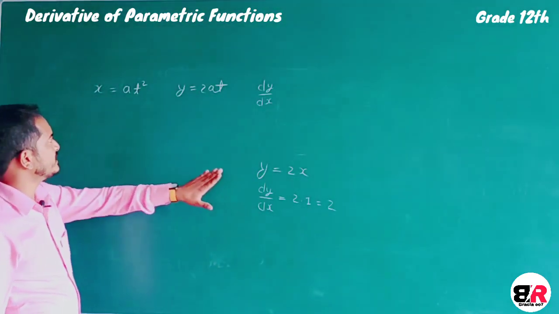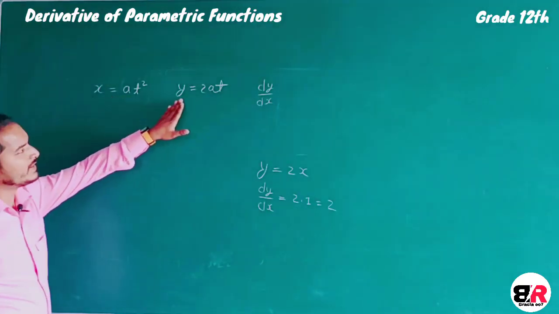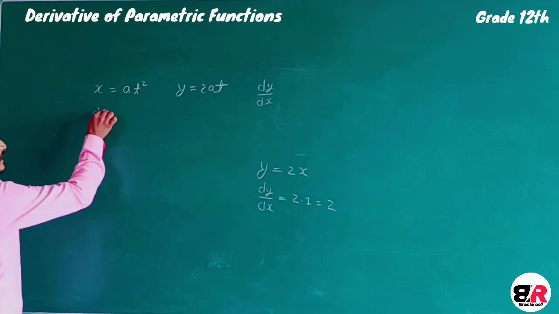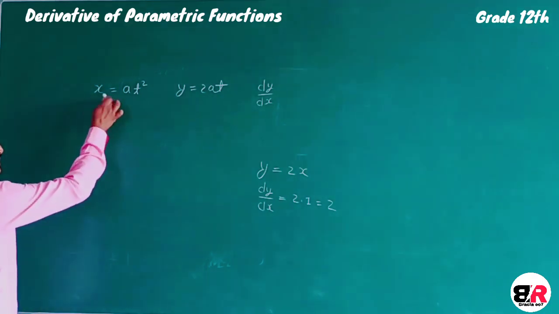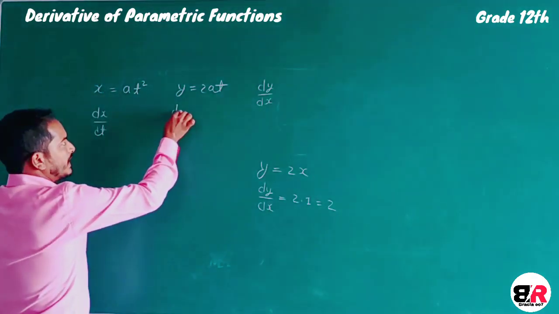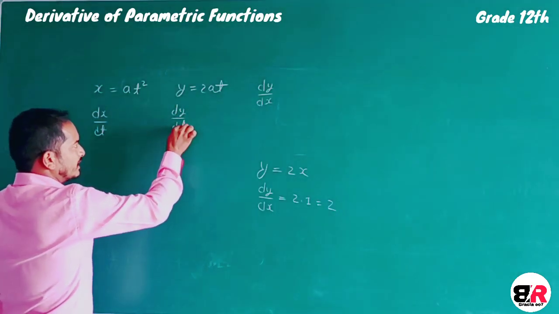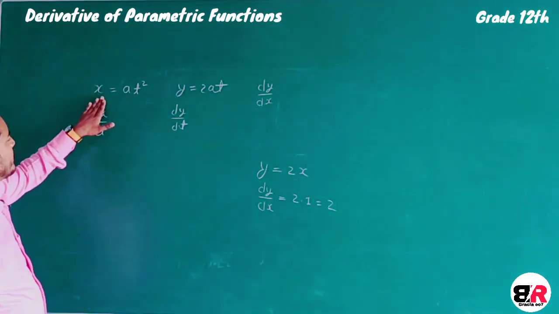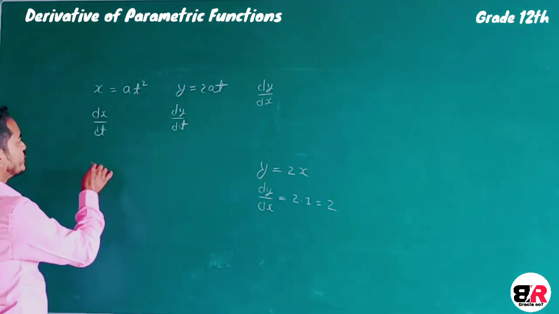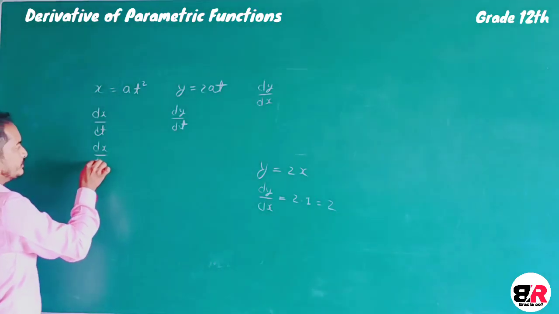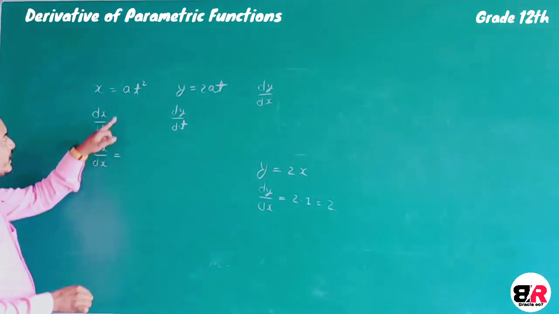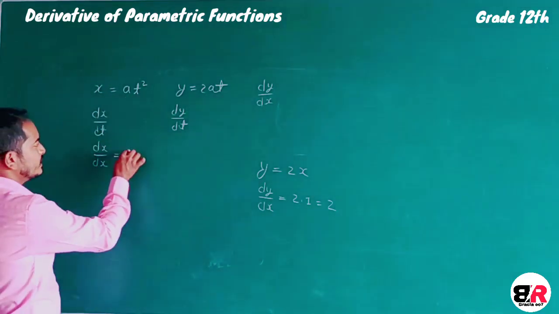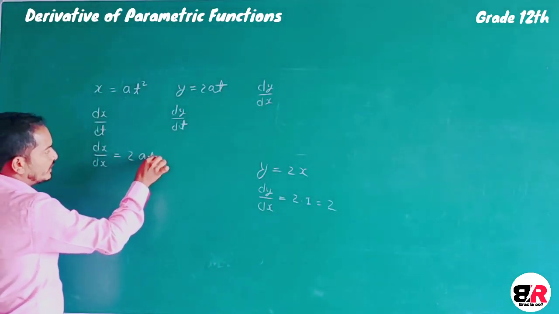In parametric functions we need to find dy by dx from these two functions. At first we will find dx by dt, because x is a function of t. Then we will find dy by dt, because y is also a function of t. Let us find the derivative of x with respect to t. dx upon dt is equal to a, a is constant, the differentiation of t square is 2t, then it is 2 into a into t.